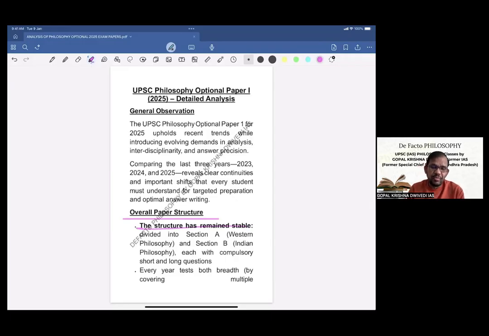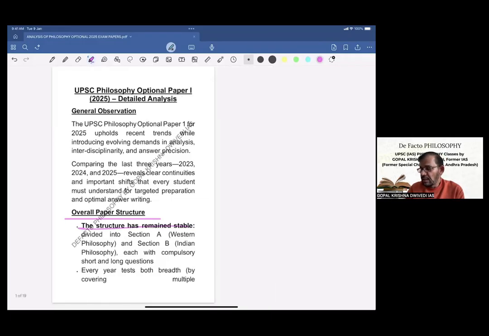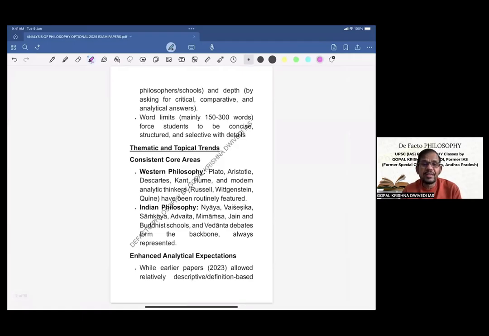The number of questions, number of words, marks, etc. are all the same. The second point is that word limits are also the same, 150 words to 300 words. Different kinds of questions are there: 10 marks, 15 marks, and 20 marks questions. That is also not much different. But where is the difference? Let us see.